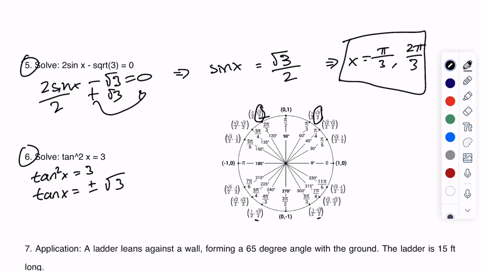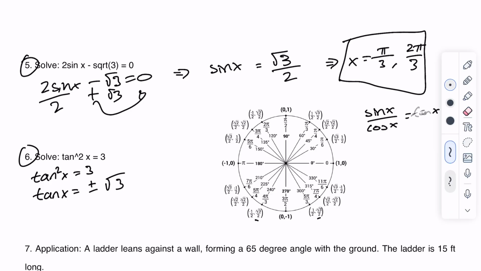Again, we have to use the unit circle, and we need to think about sine over cosine. So tangent is equal to sine over cosine x. Okay, so we're going to take this one and divide it by this one.